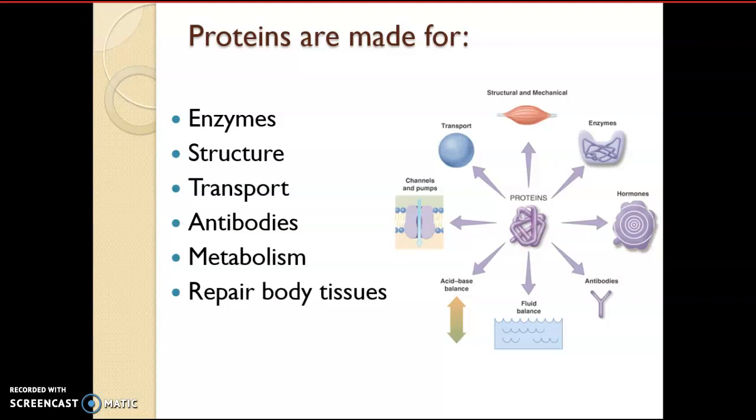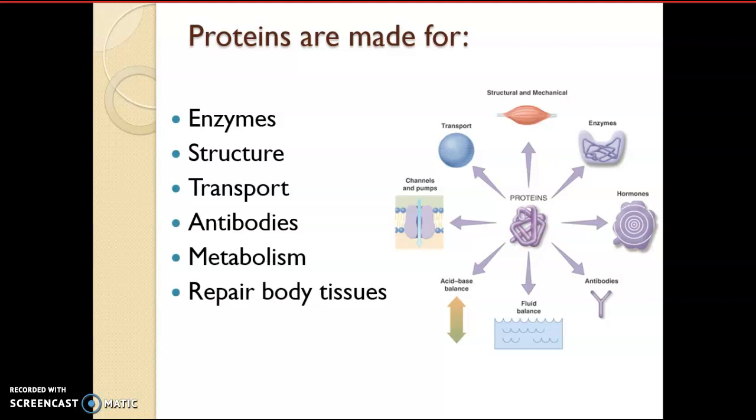They help to transport molecules across the cell membrane, specifically with active transport when the concentration gradient goes from low to high. We learned about how they are used to make antibodies, and antibodies help us to fight off viruses and disease. Metabolism, they also help to break things down, whether it's digestive enzymes in digestion, or other metabolisms such as at a cellular level when we're talking about cellular respiration. And lastly, they also help to repair body tissues as well.